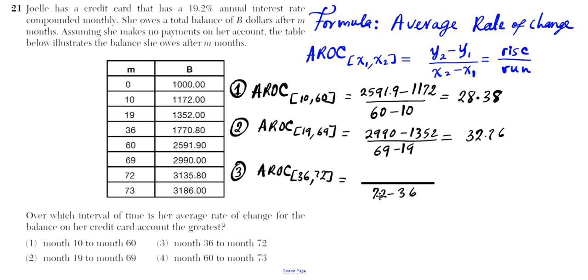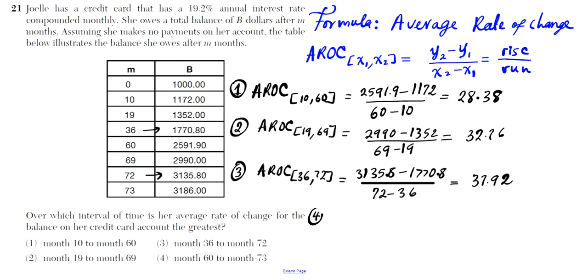Now y2 is the output when x2 is 72, so you have 3135.8. Subtract y1, which is the output when x1 is 36, so you have 1770.8. Find the difference and then the quotient in your calculator. You get 37.92.